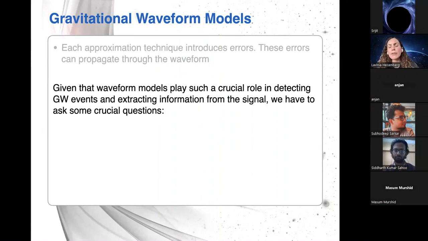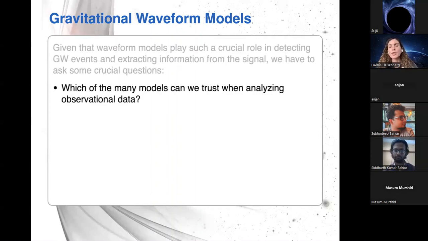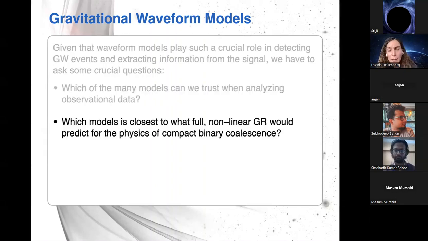Given that waveform models play such a crucial role in first detecting gravitational wave events and in extracting information from the signal, we have to ask some very crucial questions. For example, which of the many models can we trust when we're analyzing observational data? And which model is the closest to what full nonlinear GR would really predict for the physics of compact binary coalescence?